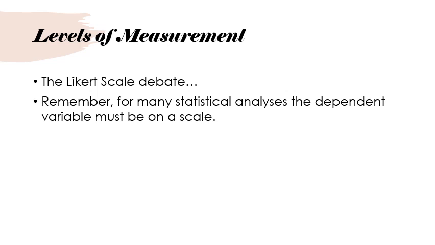So remember that for most of the statistical analyses that you're going to use, the dependent variable must be on a scale, and this is why I'm kind of bringing it up now, because if you can get away with having some sort of measure that is not on a Likert scale, that's actually going to be better for your study. So for example, if I was interested in studying depression, a lot of times depression measures are on a Likert scale where you rate your symptoms from 1 to 7.